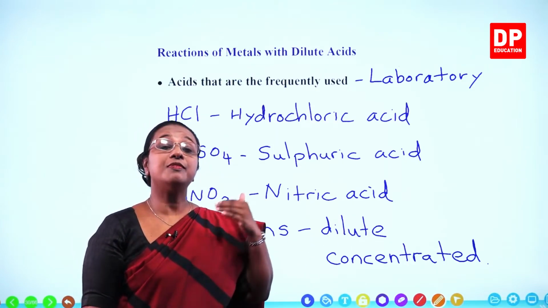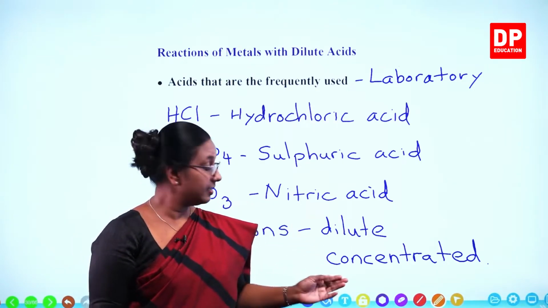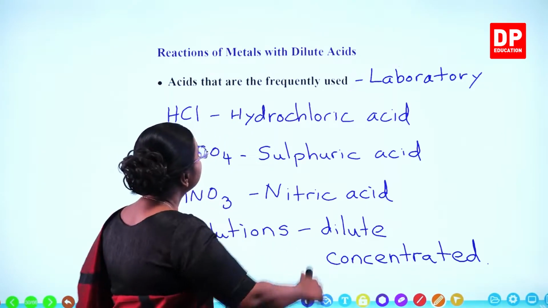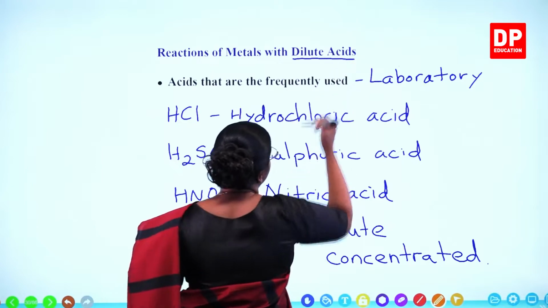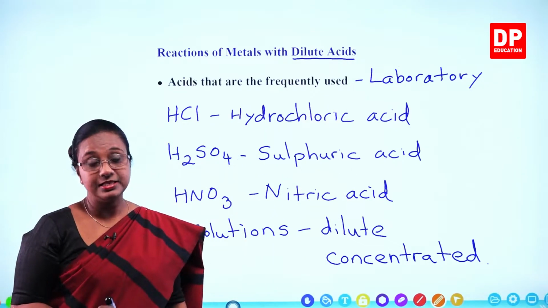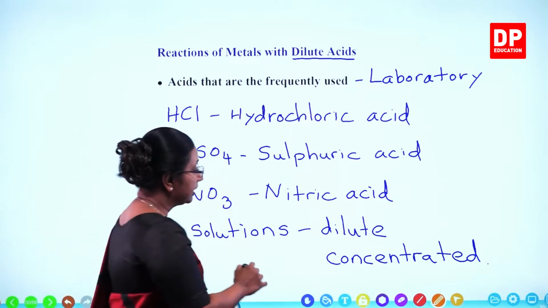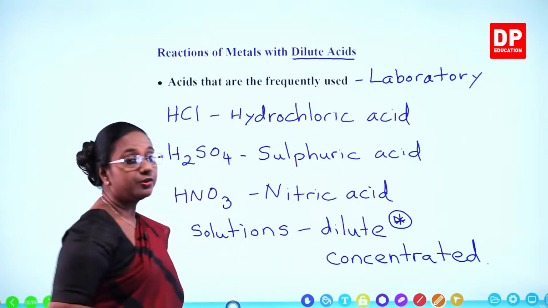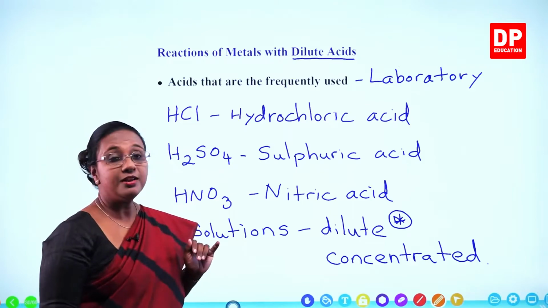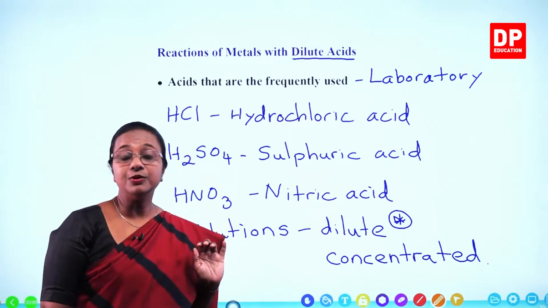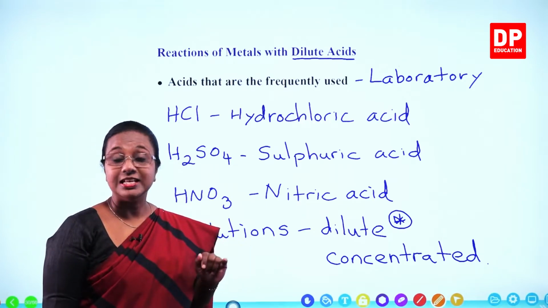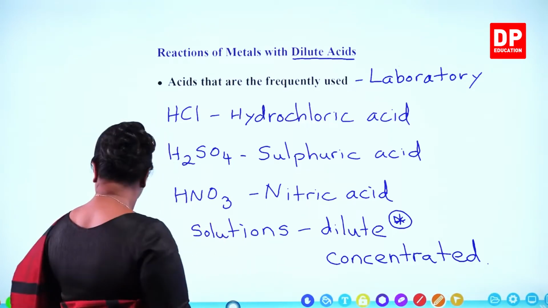If the amount of acid is greater, then those are concentrated acids. Here, we will be discussing the reaction with dilute acids only. So, dilute hydrochloric acid, dilute sulfuric acid and dilute nitric acid. Let's move on to the next slide where we discuss these reactions.